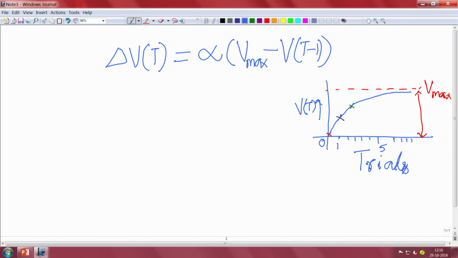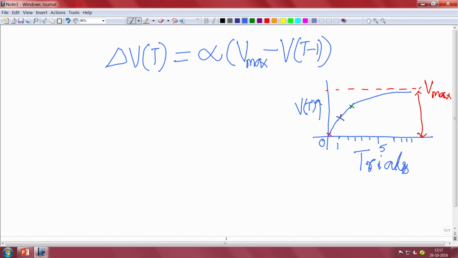The first thing that we will notice is that since the learning, or the alteration of the response that we are seeing, is proportional to V max minus V t, are there instances you can conceive of where the learning bit itself becomes negative? Because for some reason you have a response that is greater than V max.